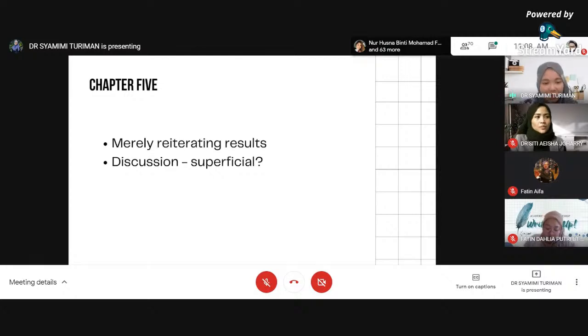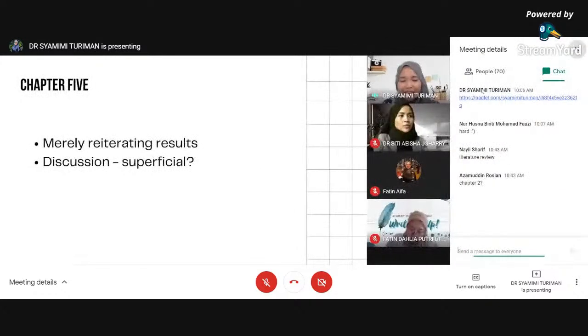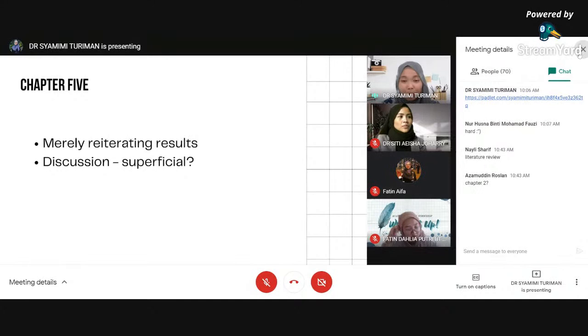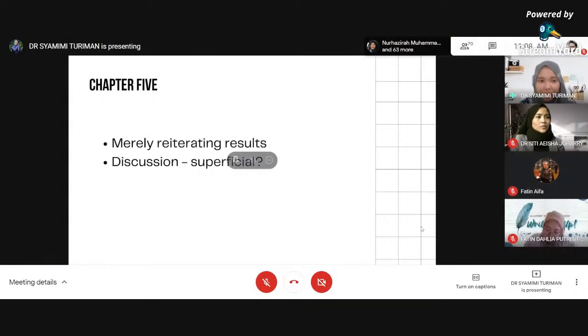But in the discussion section, some students reiterate the results, re-mentioning what was mentioned in chapter 4, when what you are expected to do is discuss your findings. Sometimes the discussions are superficial, as in they are not built upon other studies, just based on your own assumptions. That is what is meant here by superficial.